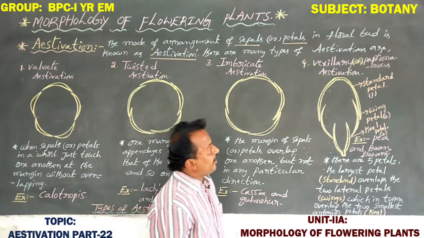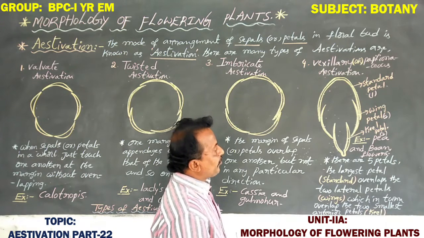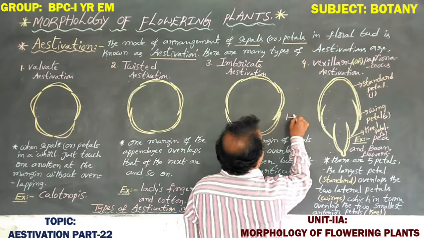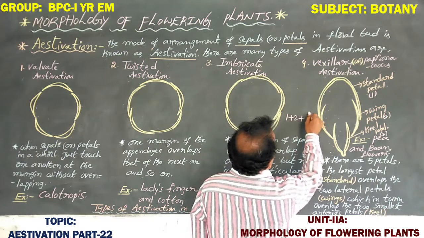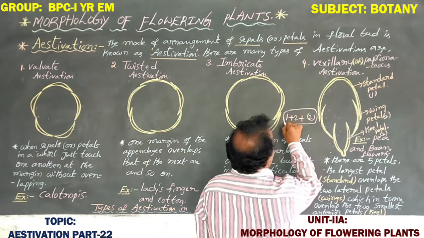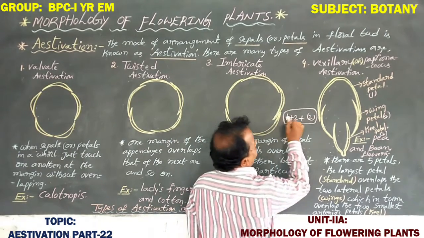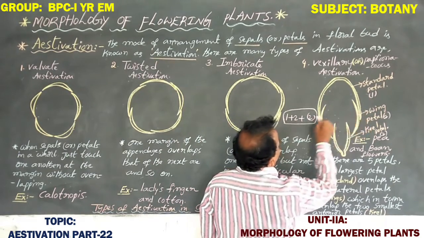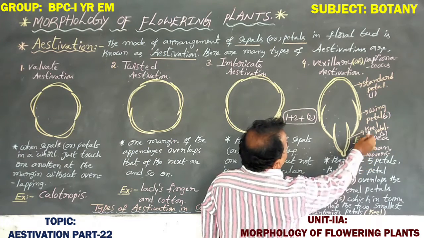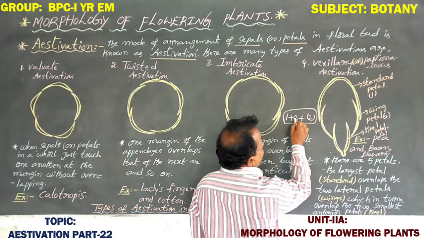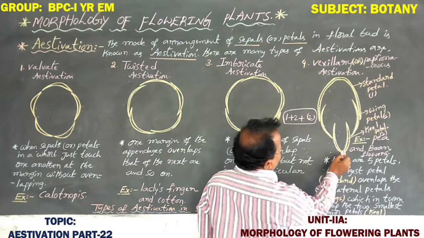So the vexillary estivation of petals is arranged 1 plus 2 plus 2. One is standard petal, 2 are wing petals, and 2 are keel petals. So the first is incomplete, the second is incomplete, but the last 2 is completed.